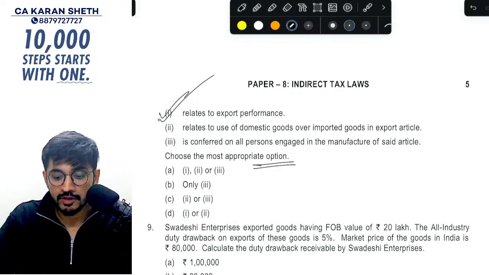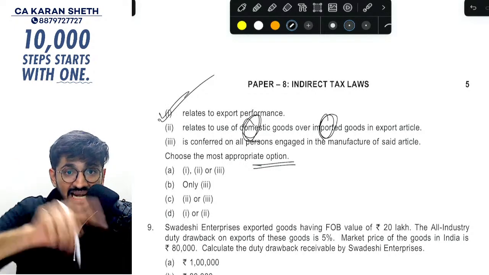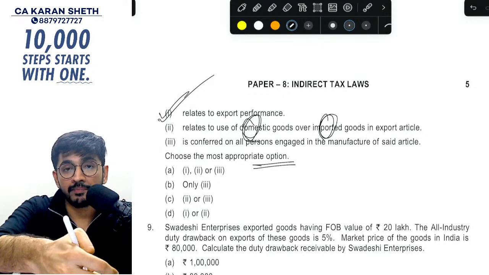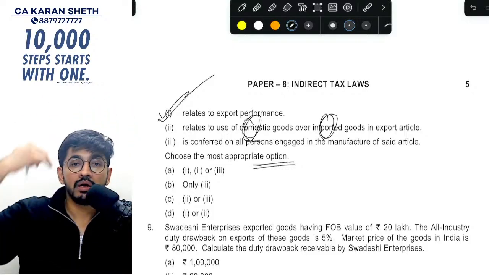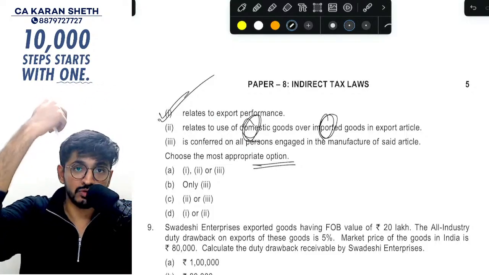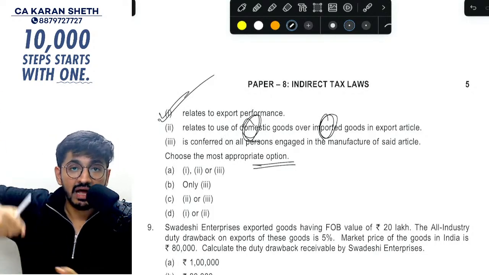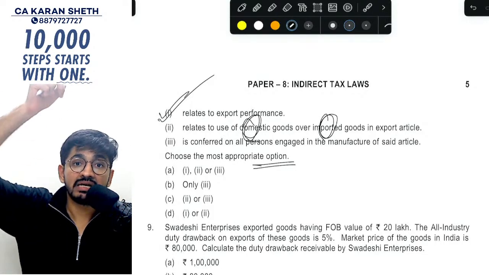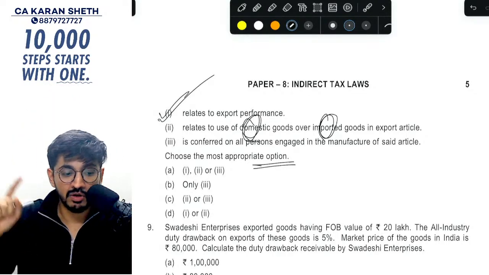So you will use domestic goods over imported goods. This cell has to be procured from the domestic market only and not from the international market. You can't import it. So the Chinese manufacturer who is making the Chinese batteries has to purchase Chinese battery cells from a domestic manufacturer, and he cannot import it.